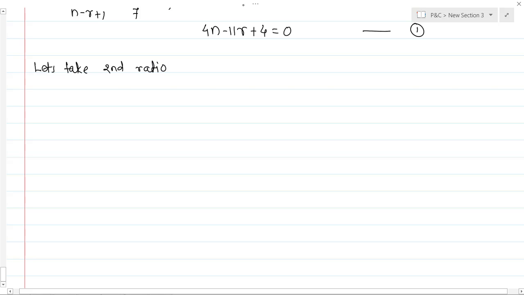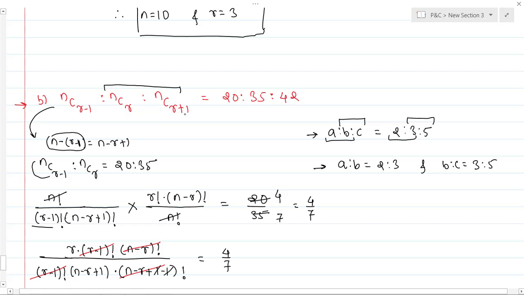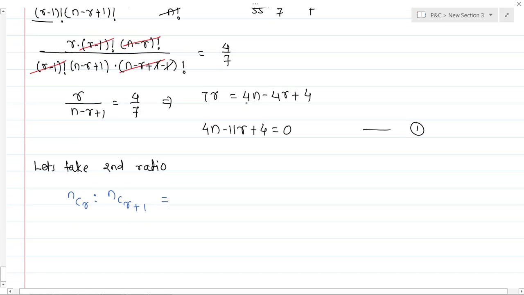So what you have in the second ratio, nCr is to nCr plus 1, it is equals to 35 and 42. So this is equals to 35 is to 42. Now open this.